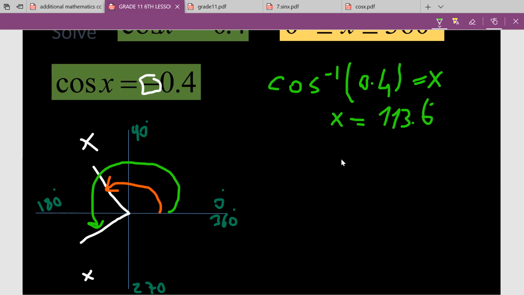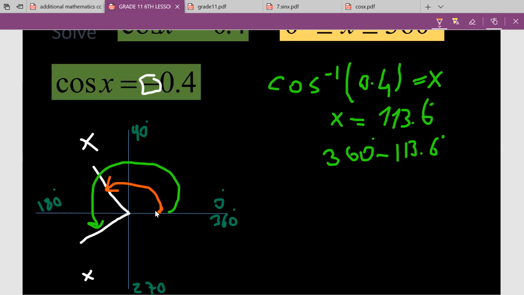To find it, there's a way: 360 minus 113.6 degrees. Why did I do that? When you follow the orange one, here is our angle from 0 till the second quadrant.